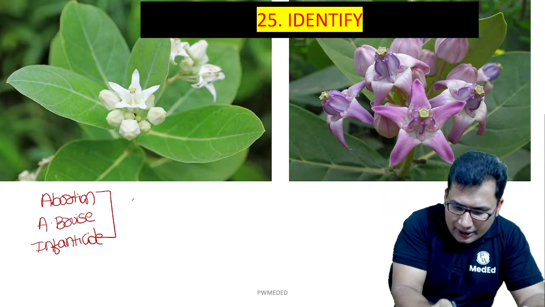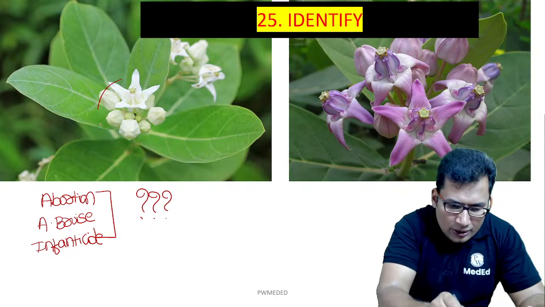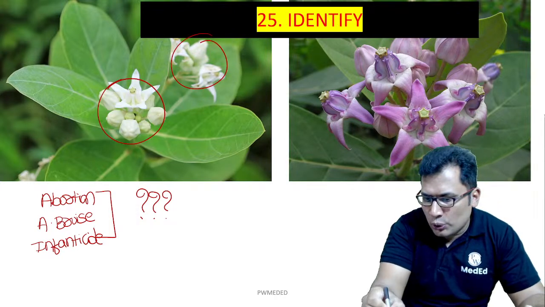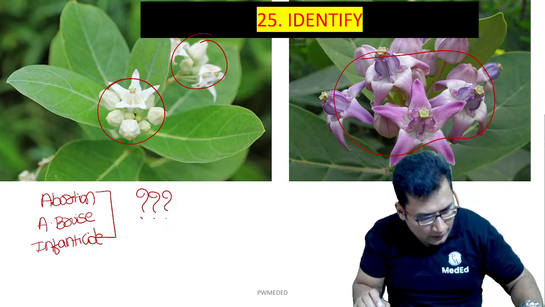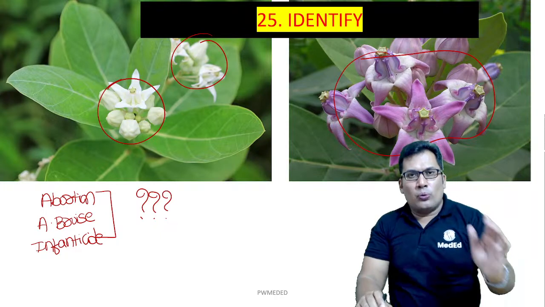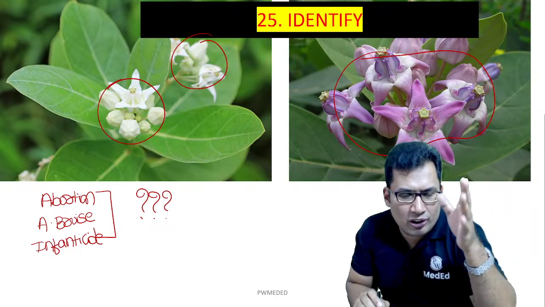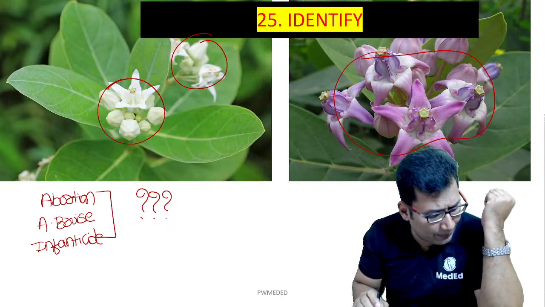What is this plant? Anyone? What are these two plants known as? Come on, anyone? Yes, so one plant has white flowers, other plant has pink flowers. Both are of the same name.